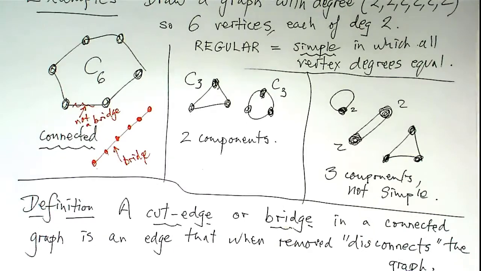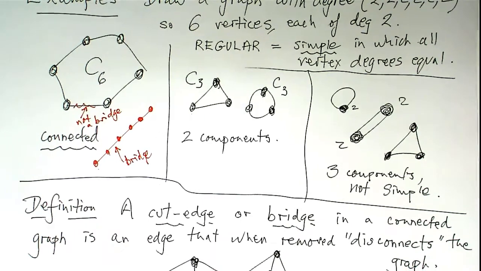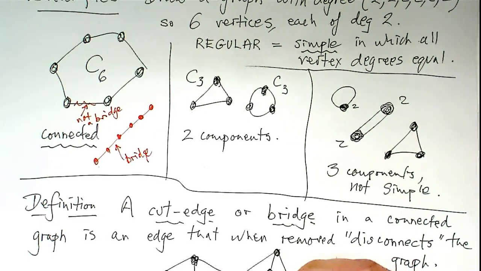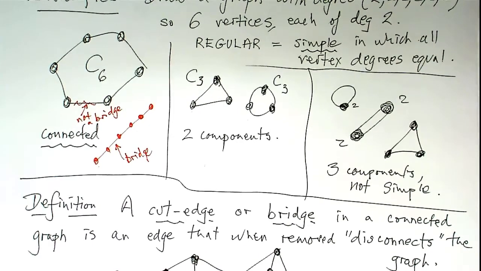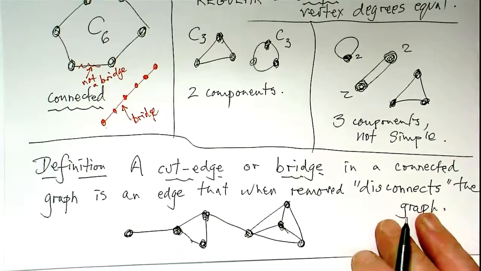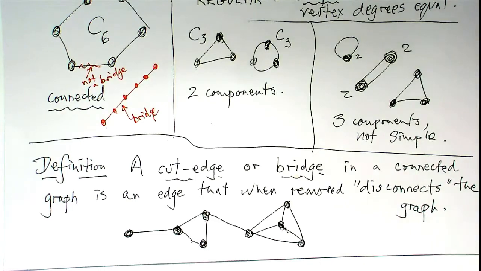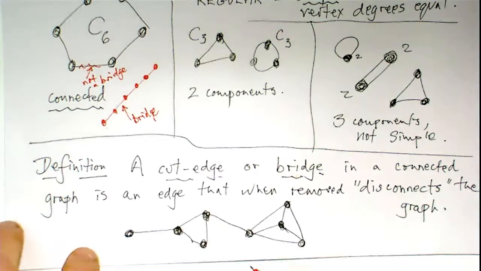Okay? Here's a slightly trickier example. Here's a graph. How many bridges does that bottom graph have? That's 8 vertices. One's wrong. 2 is correct, because I think you can all spot that this is a bridge.